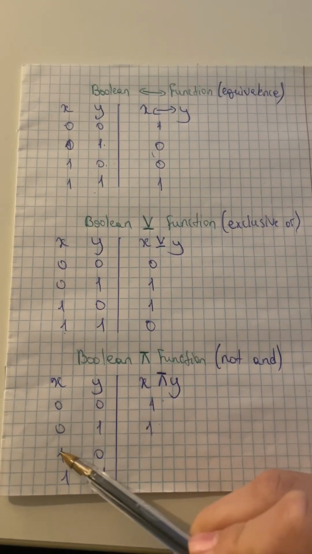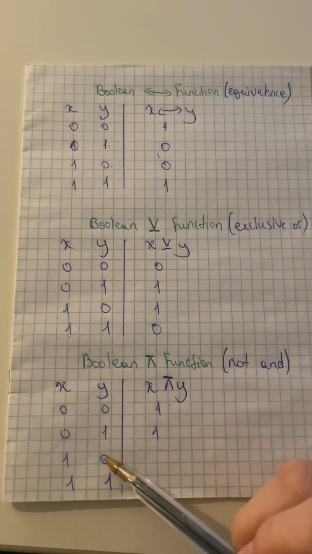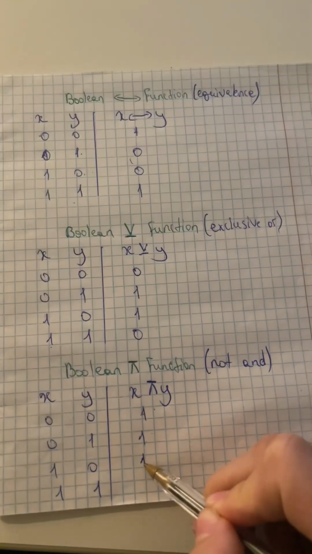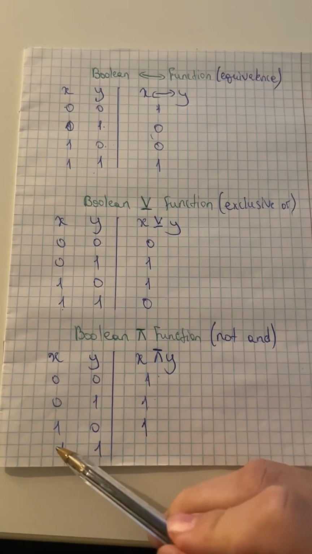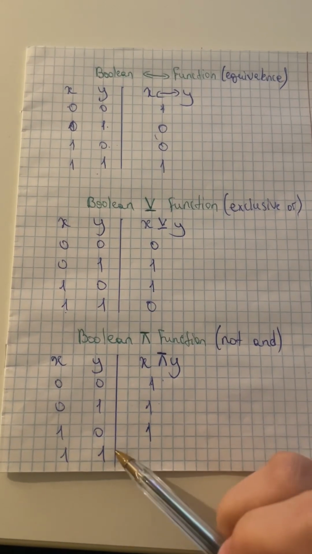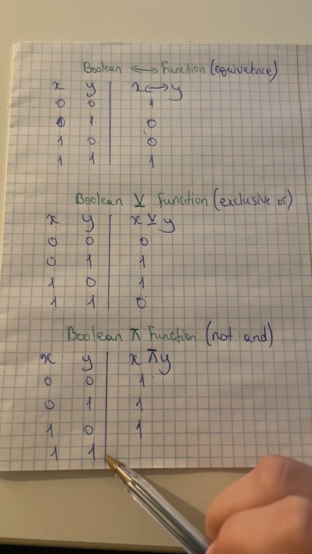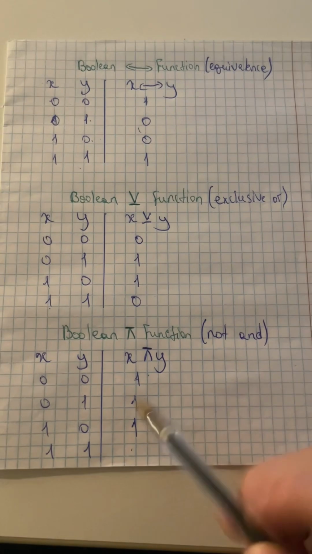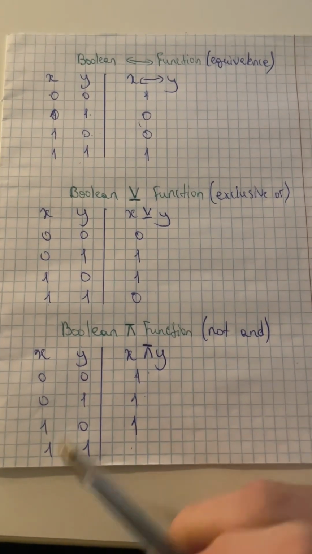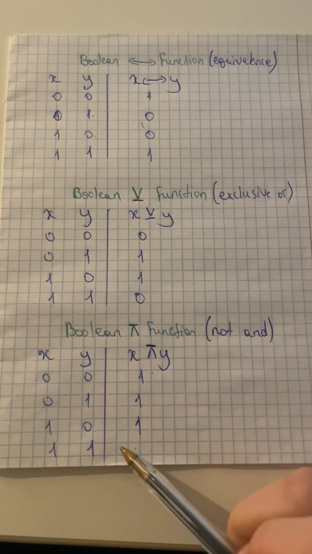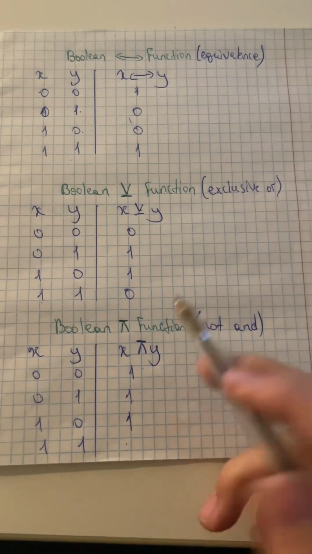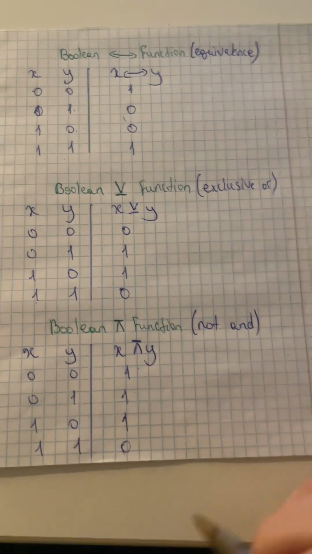Here again one of them is true while another is false, therefore the result is 1. Here both x and y are true, and the result would be false because according to not AND formula, when both of them are true, the result must be false.